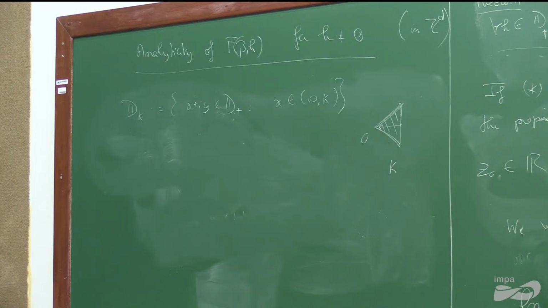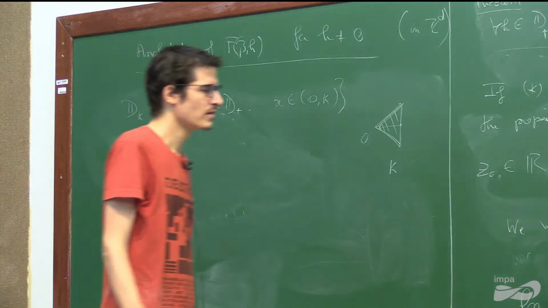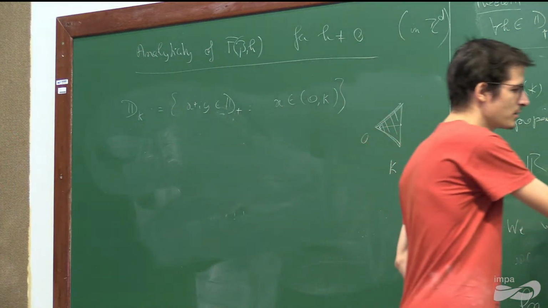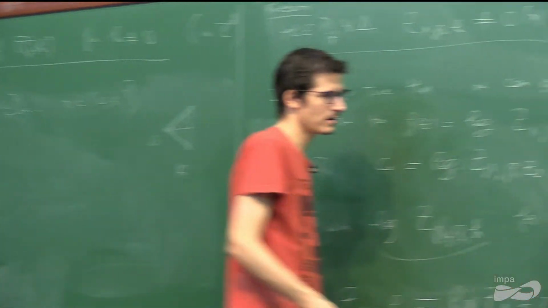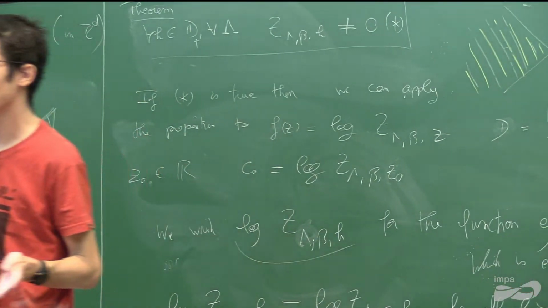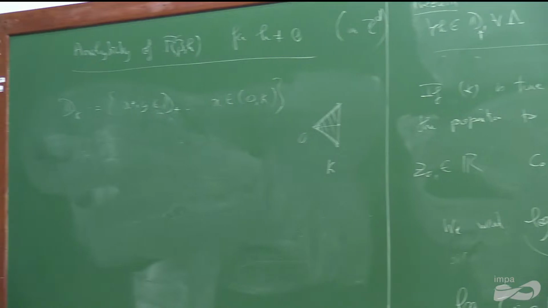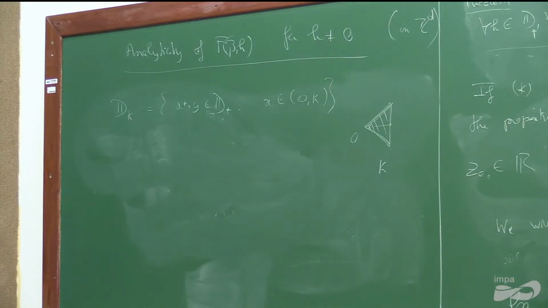Then the convergence for H between 0 and K, for H real, is really the convergence to the free energy. We don't have so much to say about it. So what remains to prove would be that (1/lambda) log Z_lambda is uniformly bounded over D_K.